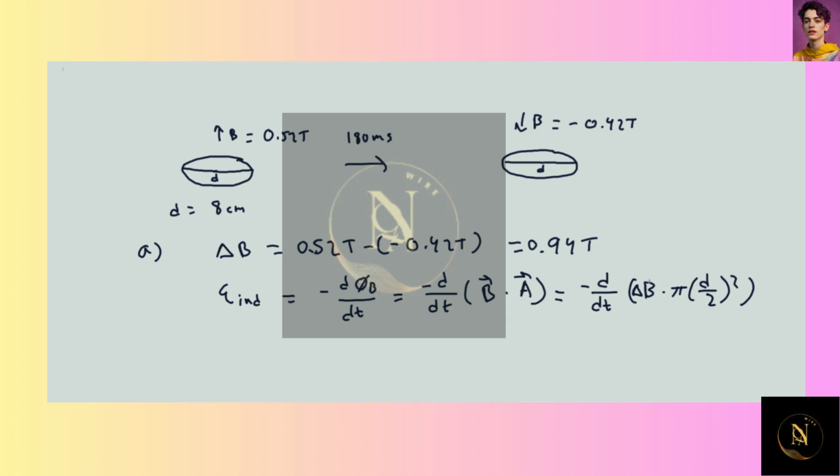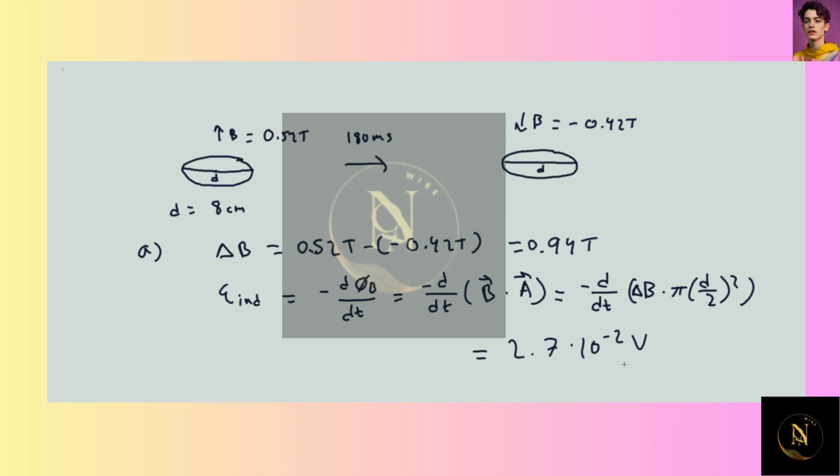Now, because we know the amount that our B field has changed, and we know the course of time that it took for that change to occur, we can simply plug in values where dt is now 180 milliseconds and delta B is 0.94 Tesla, and we find that the induced EMF is 2.7 times 10 to the minus 2 volts.